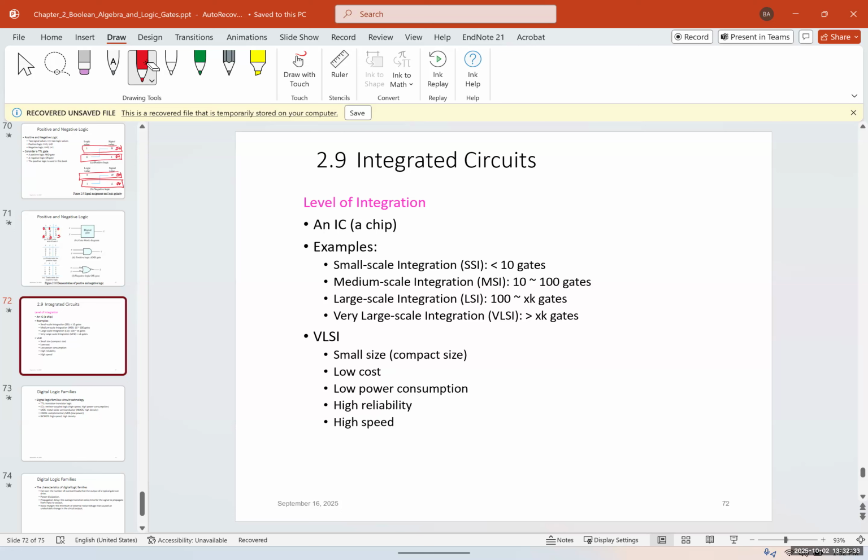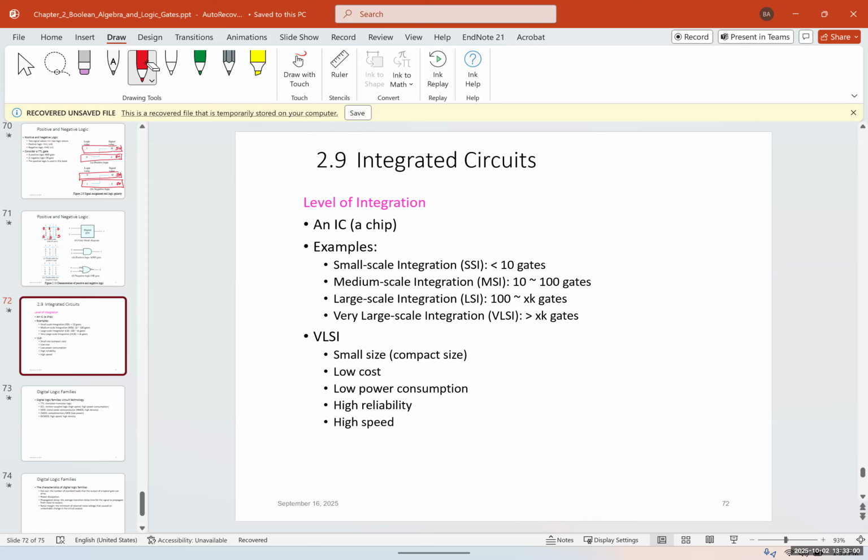Now, we rarely use single gates in computer systems. We usually use an integrated chip or an IC. Some examples of ICs: we have the small scale integration, or SSI, which was developed in the 50s and 60s. They have less than 10 gates. Then we have medium scale integration, or MSI, between 10 and 100 gates.